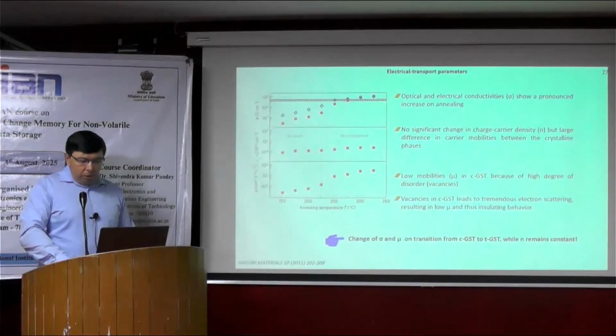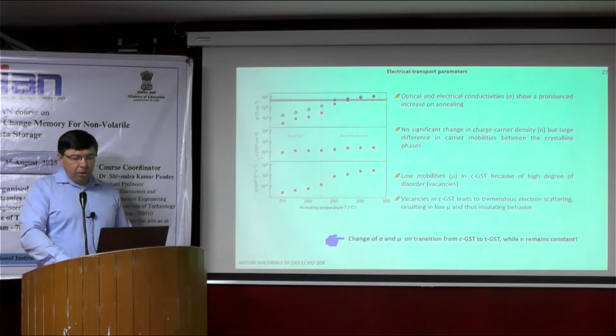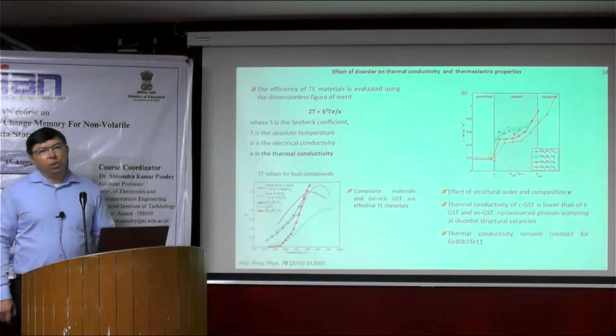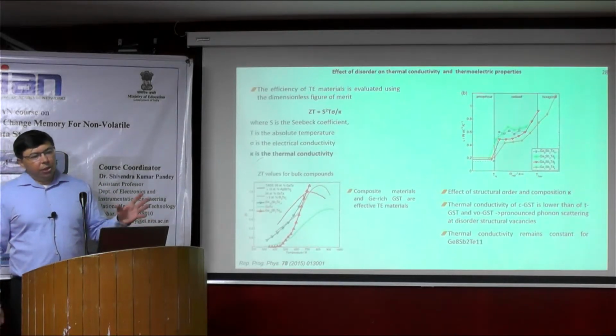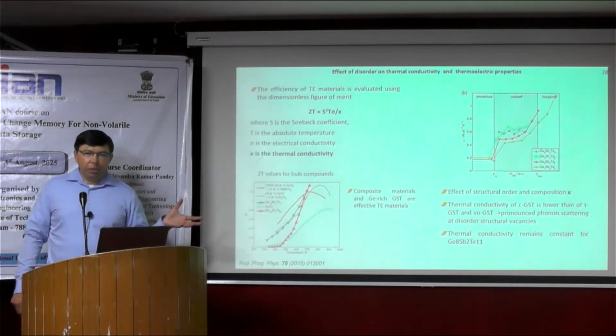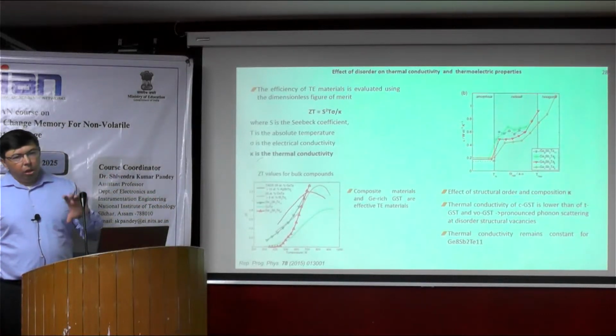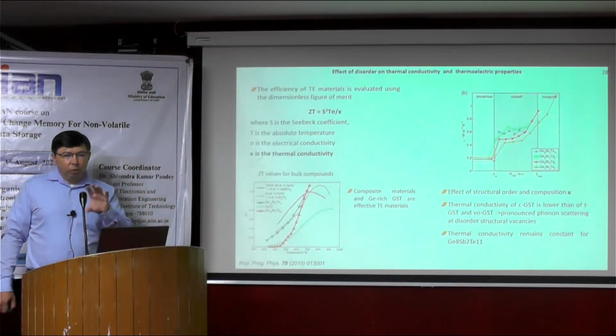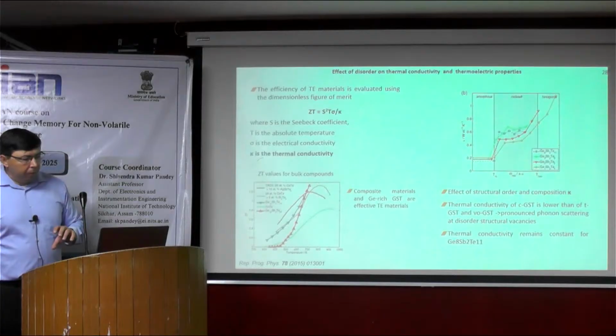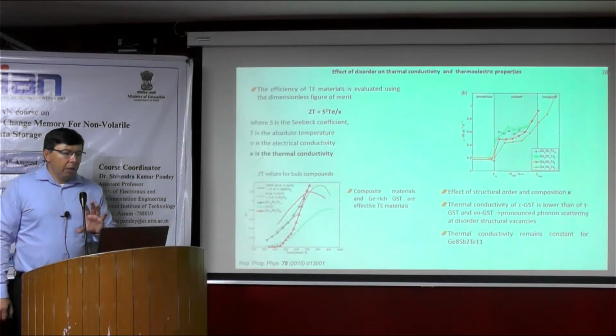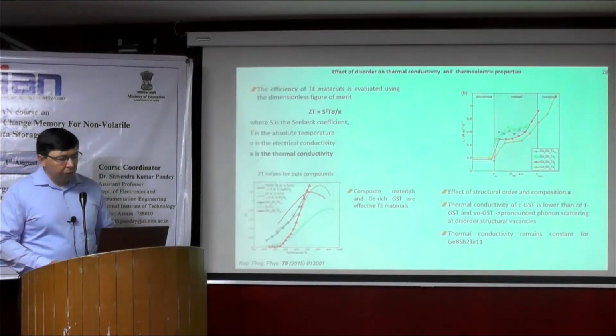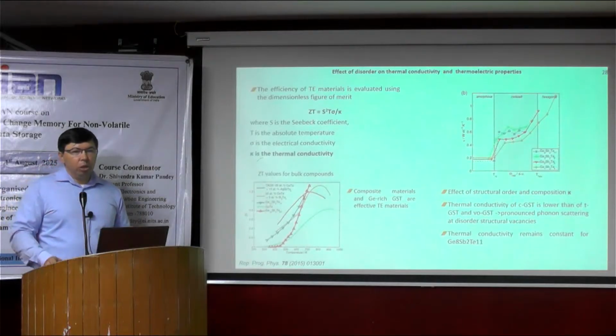So now let us look at another interesting application of phase change materials. Before we learned that phase change materials can be applied for optical data storage and for memory, and there is also another application of this material, for thermoelectricity.